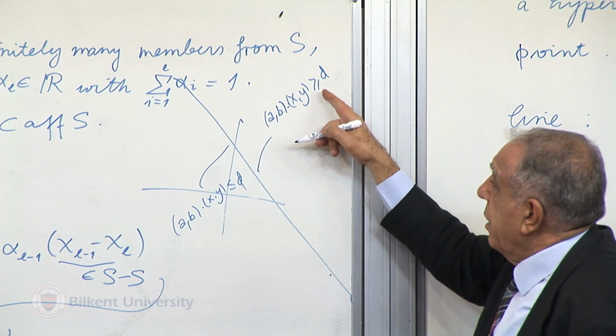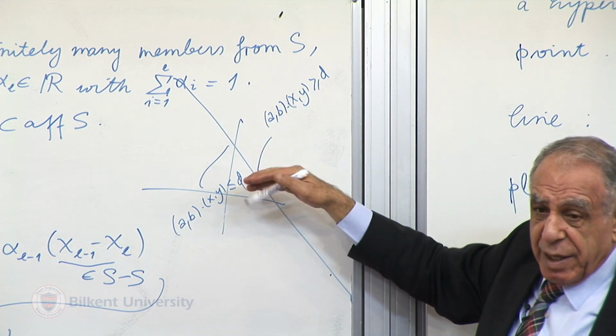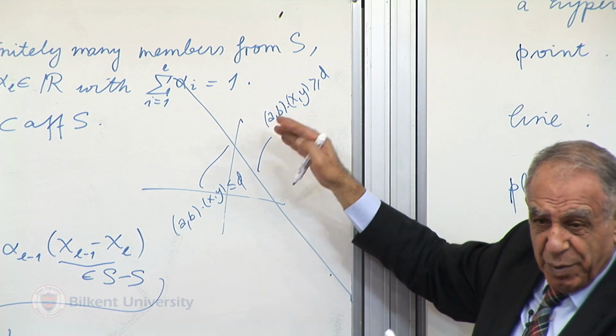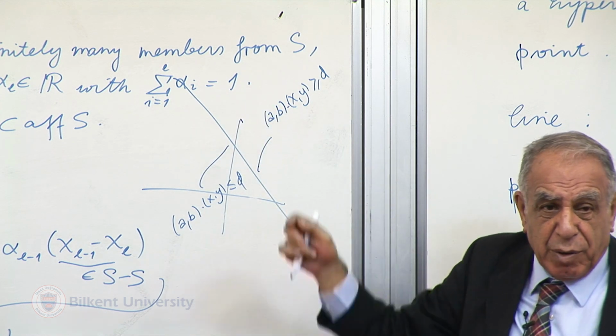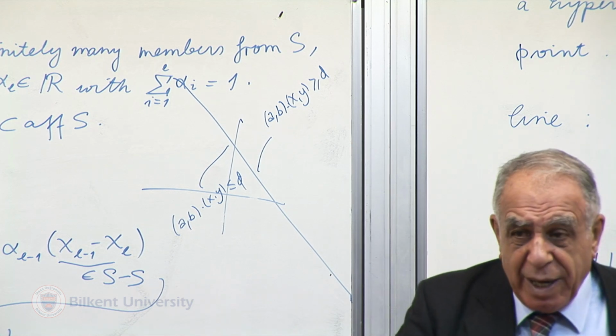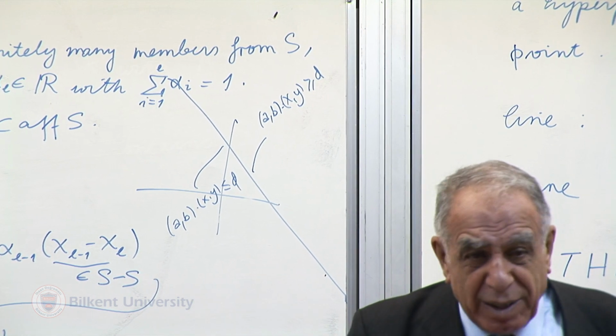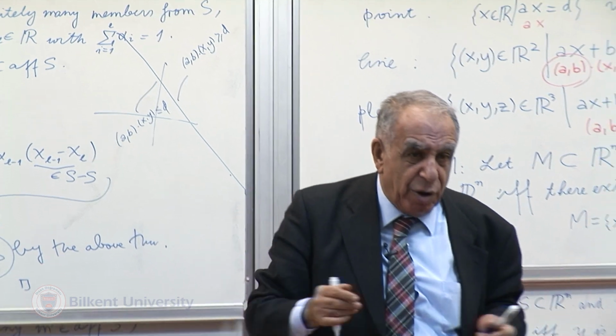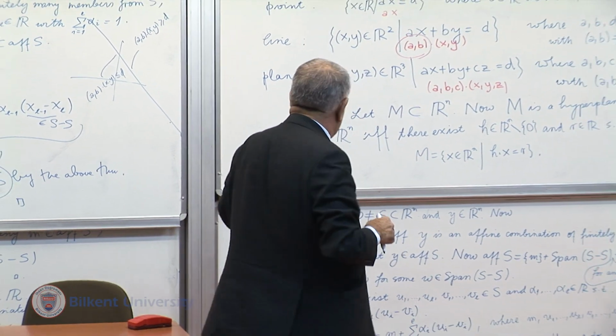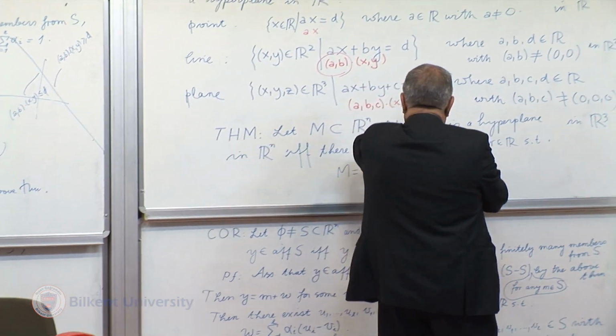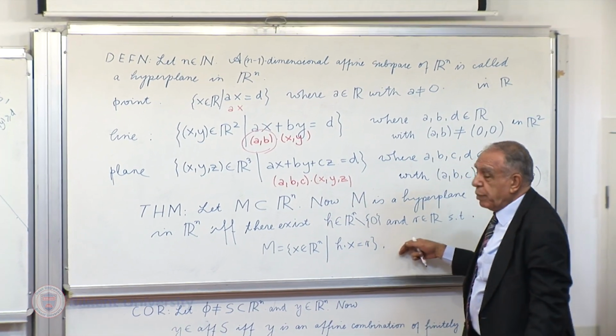Well, here, this and this may interchange. That depends upon what you take as AB, because if you take any non-zero scalar multiple of that, that will be a normal vector as well. Okay. We'll prove this.